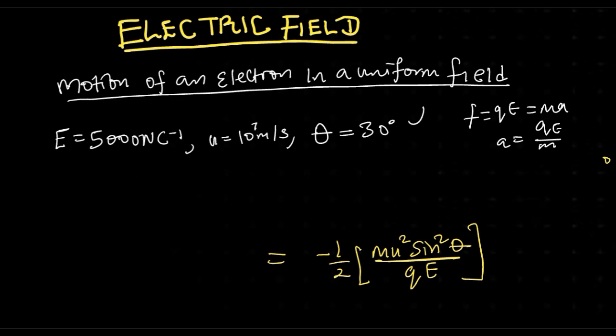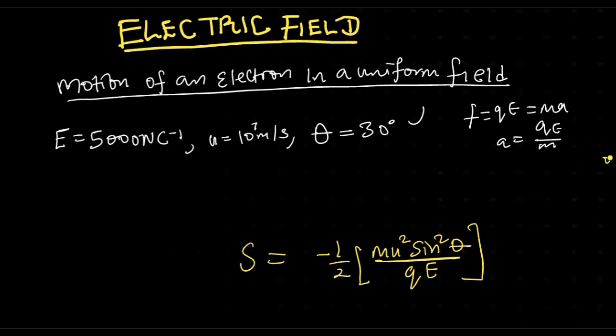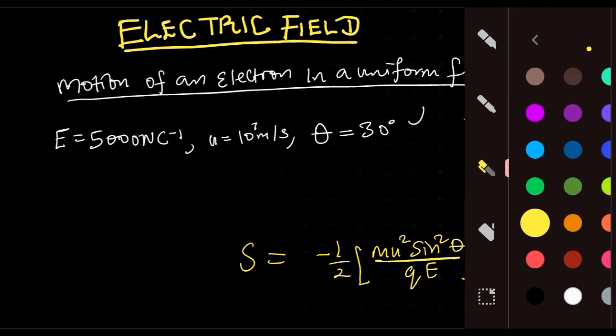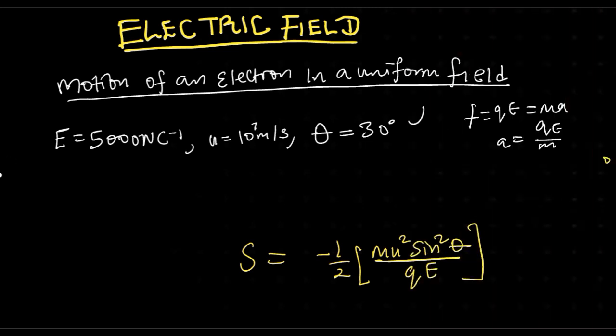So we can now say that S is equal to minus 1 over 2, in the brackets of what is m.